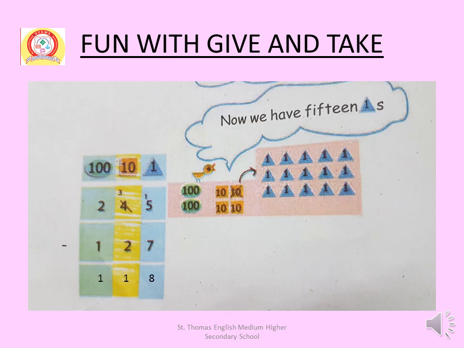Borrow 10 from the tens column and add with 5 ones in the ones column. So, now 5 in ones column becomes 15 and 4 in tens column becomes 3.